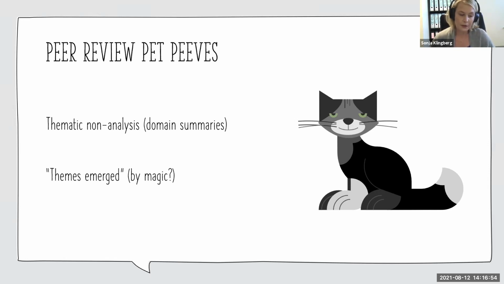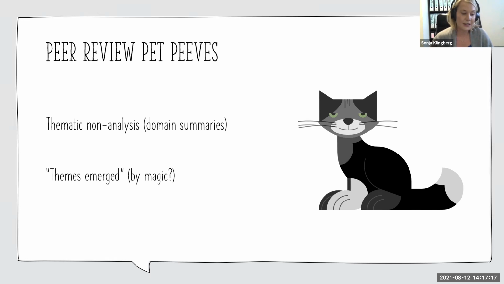And of course, people will be talking about barriers to physical activity if you ask them about that. But then the theme itself does not really tell us what they're saying about those barriers, in contrast to a theme like maybe avoiding exercise due to crime and traffic. Then another pet peeve of mine and many others who use thematic analysis is themes emerged or any variation of that.